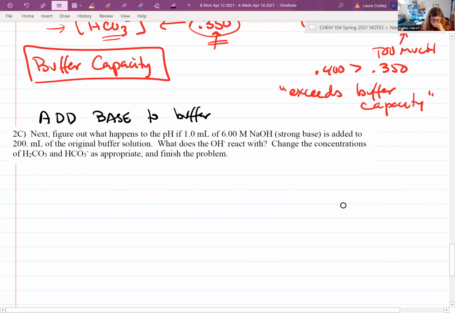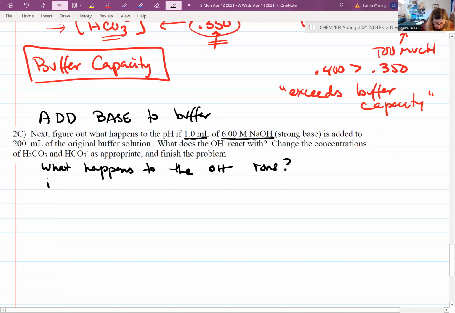So now what we're going to do is add the same amount, 1 milliliter, but this time it's 6 molar of strong base to 200 milliliters again of the original buffer. Okay, so what do you have to do first in this problem? Well, what we have to do is figure out what happens to the OH minus ions.